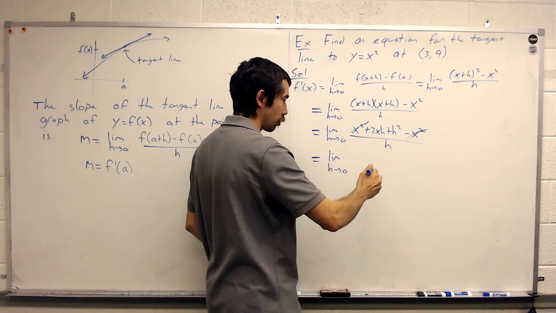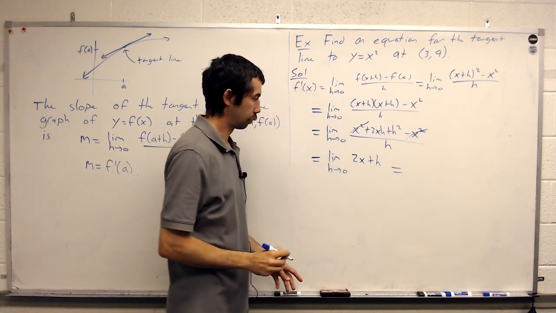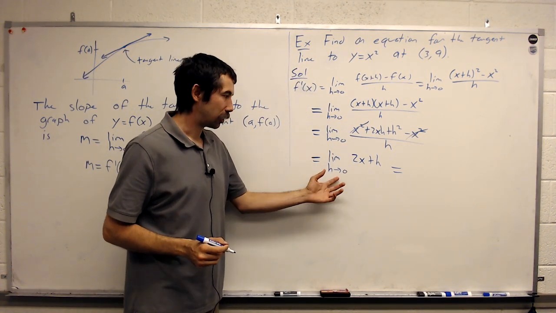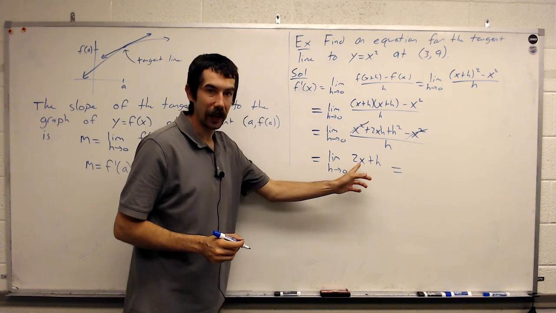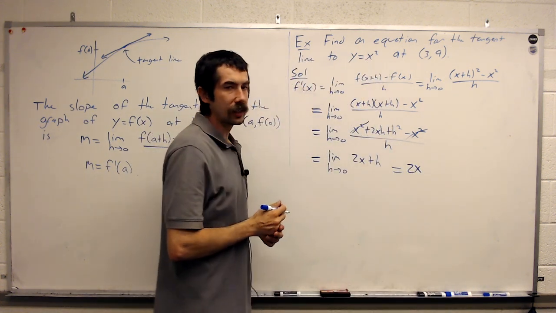The h cancels. And now we can evaluate the limit as h goes to 0. So you just sub in h equals 0, and we get 2x. So this is the derivative of our function.